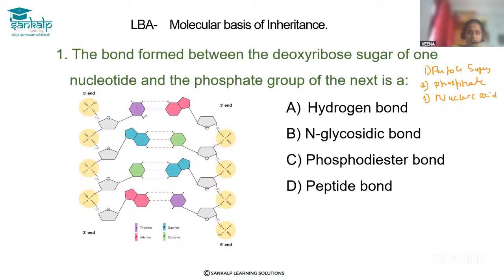If you observe here, this one is the phosphate group, here it is the pentose sugar, and here it is the nitrogen base. So these are the three components present in the DNA. Let me explain the pentose sugar present in the DNA, which is deoxyribose, and the structure is here. This is how it looks.